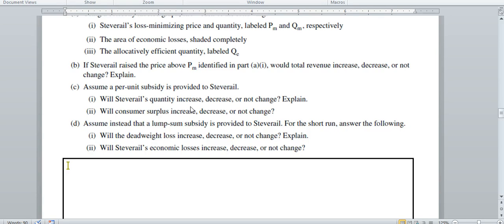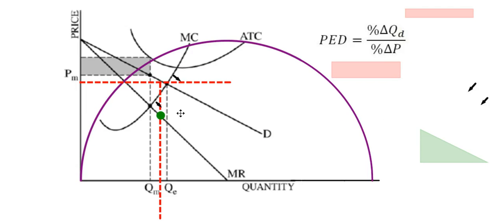And what happens to the consumer surplus? Well, if you think about that, I think I have a triangle here. It's going to get larger, because you were here, and then when your whole marginal cost curve shifts like this, you're going to move from here to here.